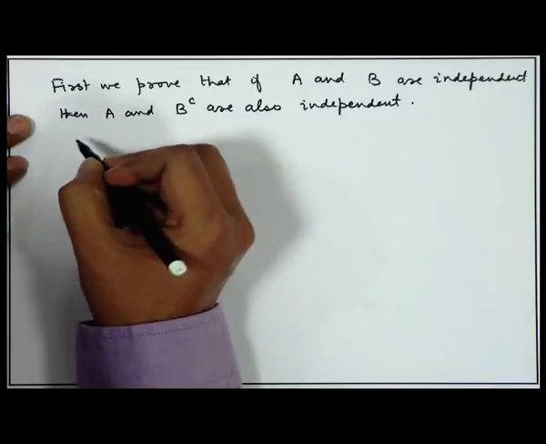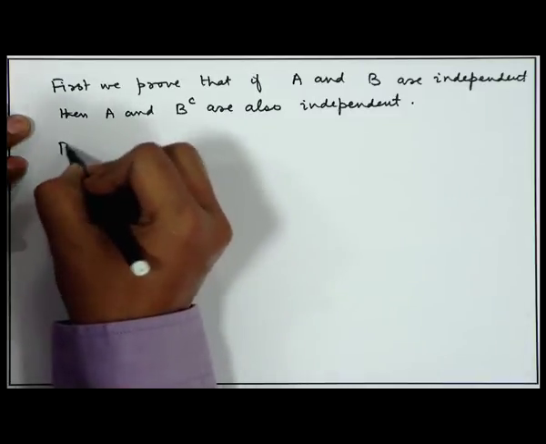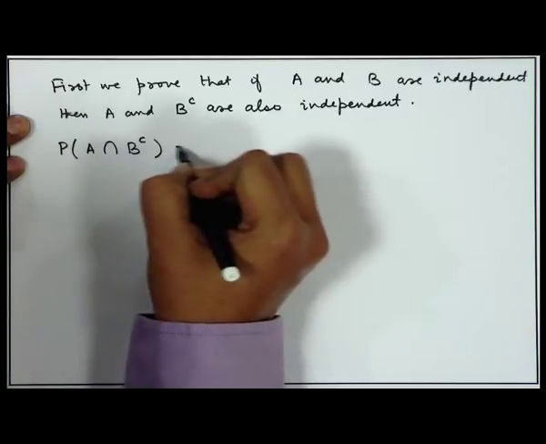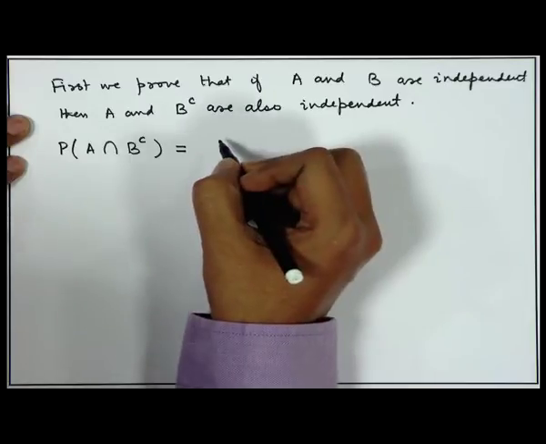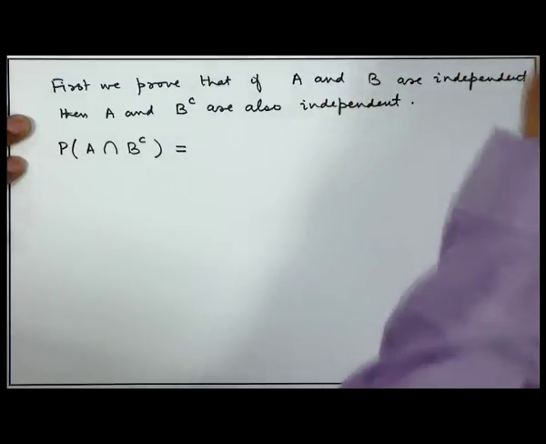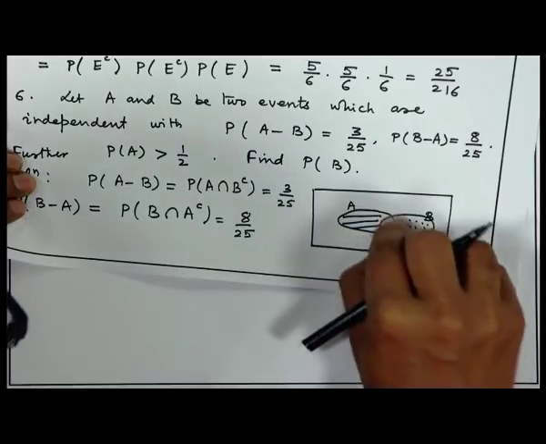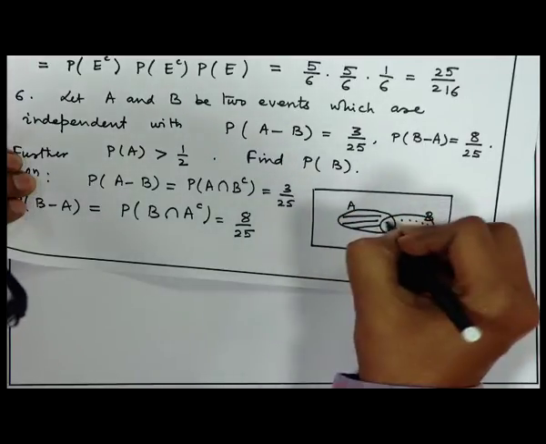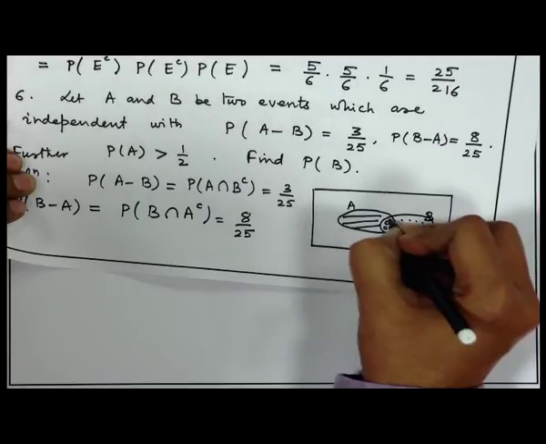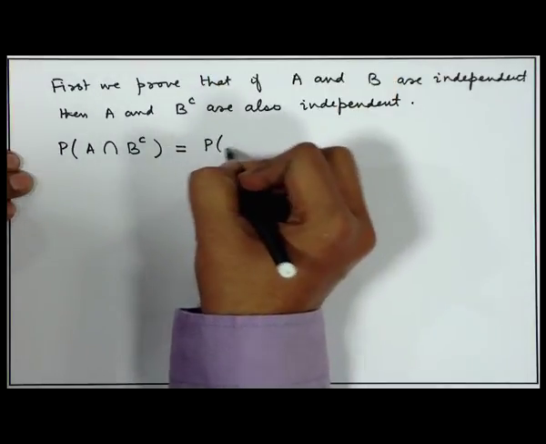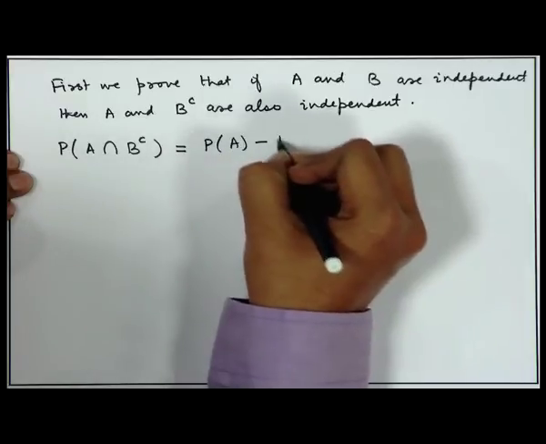Okay. So, if I consider probability of A intersection B complement, we have already seen that it can be written as probability of A minus probability of A intersection B. In one of our earlier problems we have used this, so I am not proving it again.